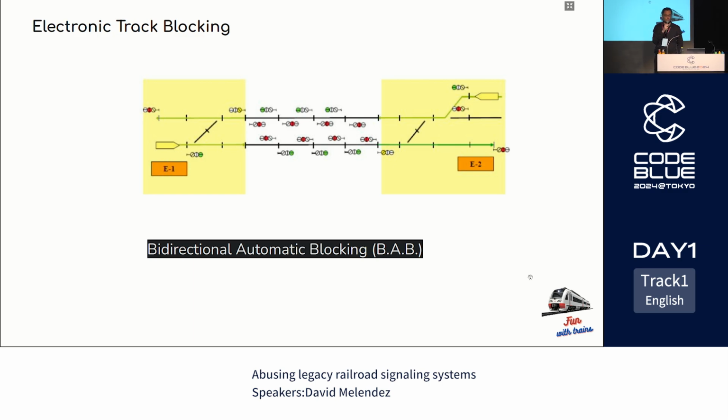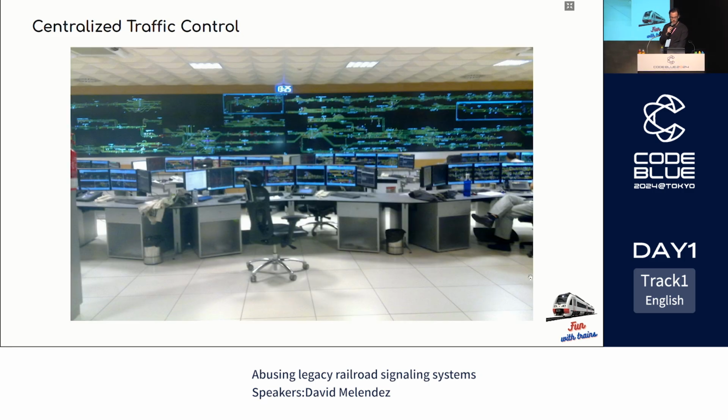So we can use both tracks in both directions. If we need a track, we are able to send two trains in the same direction simultaneously. Okay. So this is what a command and control looks like.